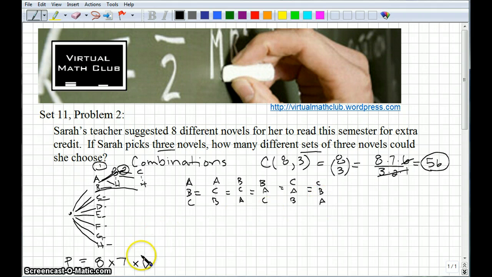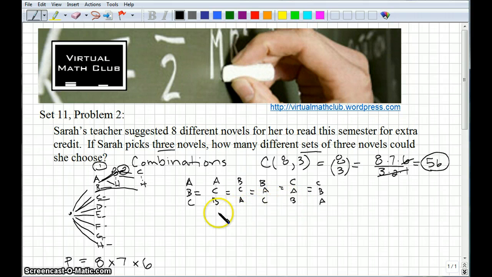So in a permutation, order matters. And when you do a permutation, each one of these sets of novels is going to be counted as a different choice. But in reality, it doesn't matter the order she picks these novels in. It only matters what the set of novels is. So really, all of these are the same.